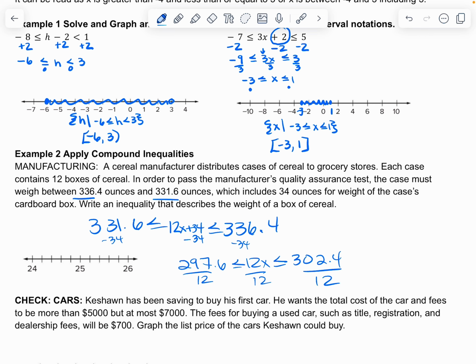So I get 24.8 is less than or equal to x, which is less than or equal to 25.2.